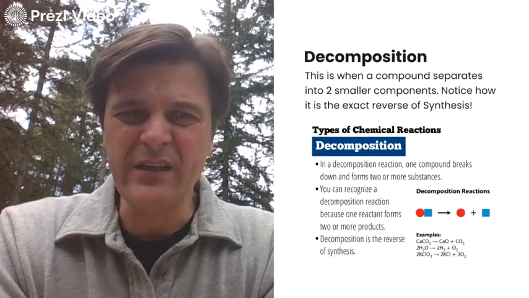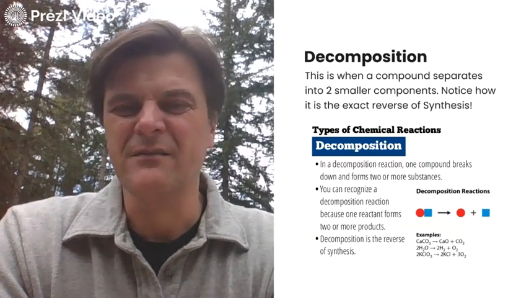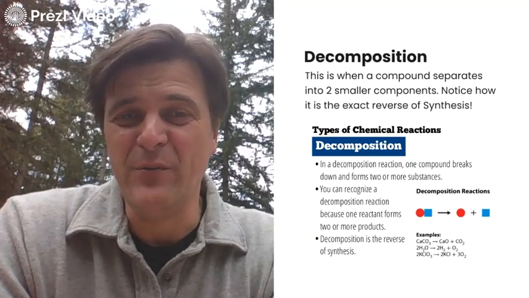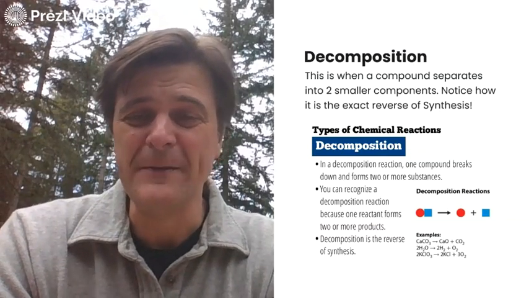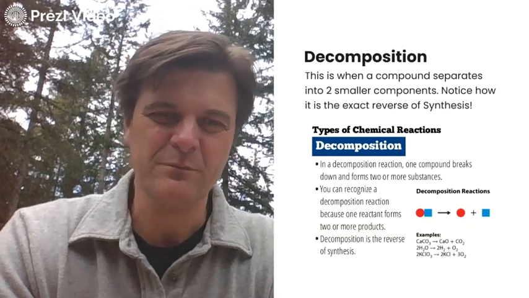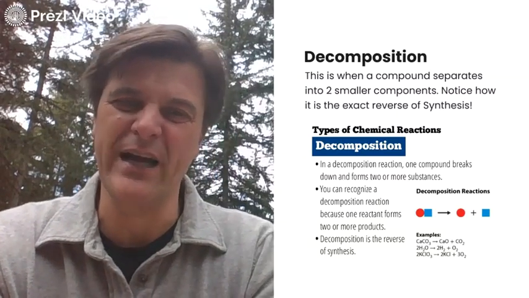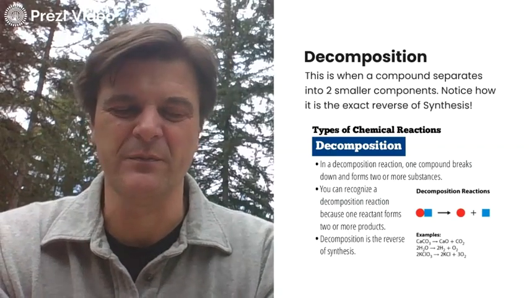You can always recognize a decomposition reaction because there's only one reactant. If you start a chemical reaction with only one substance, there's only one thing that can happen: the substance is going to break apart. So the decomposition is a reverse of the synthesis. It's a reaction that goes in the opposite direction.